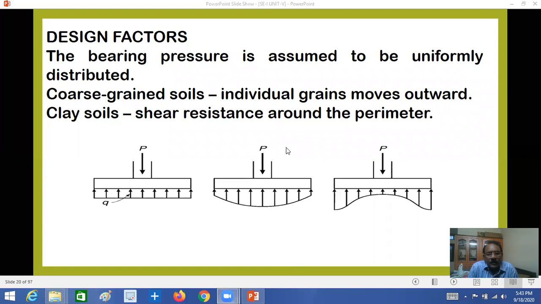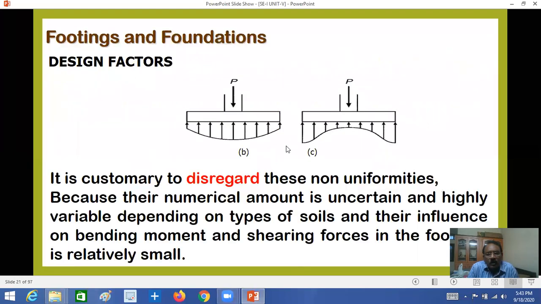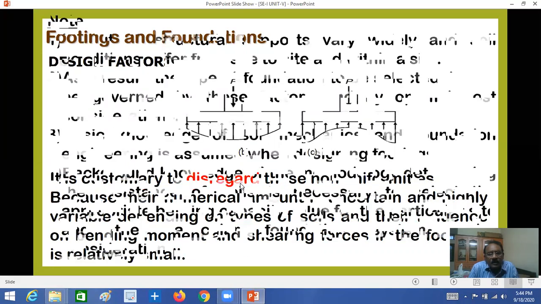Okay, right. Now we'll see some more topics on footings and foundations. What are the other design factors? It is customary to disregard these non-uniformities because their numerical amount is uncertain and highly variable with types of soils, and their influence on bending moment and shearing forces in the footing is relatively small.